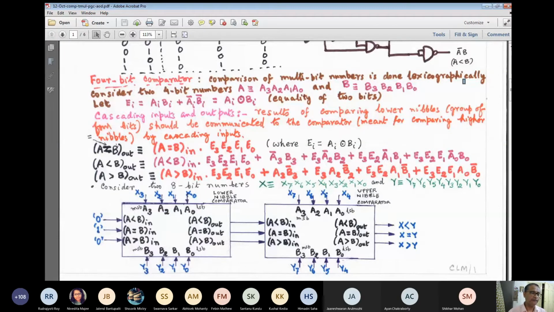So overall, you can see that whatever be the value of this, it will not influence this, right? And similarly, when we want to find out when A is less than B, the result of comparison of the lower significant part of the two operands will be conveyed by the cascading inputs.